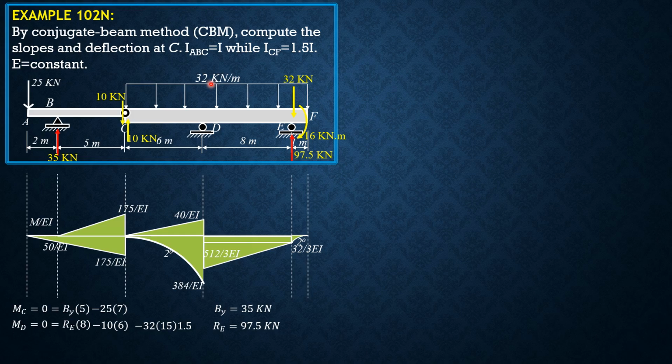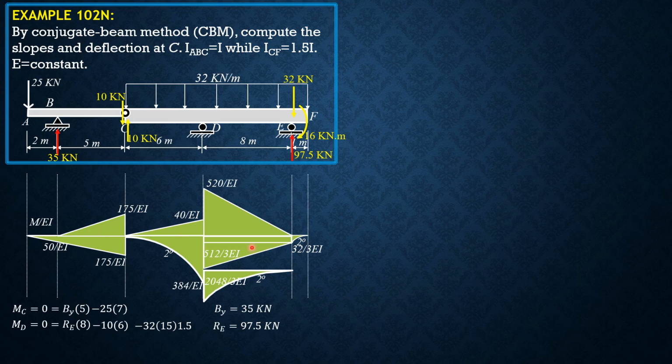Then moment due to this 32 kilonewton per meter load, 32 times 8 times 4 divided by 1.5, second degree. The height is 2048 over 3EI. Then the moment of the 97.5 at D, 97.5 times 8 divided by 1.5 is 520 over EI. So this is the complete moment diagram by parts.